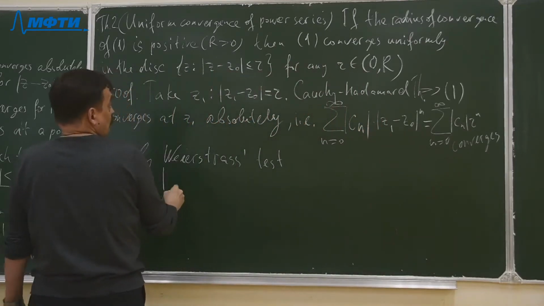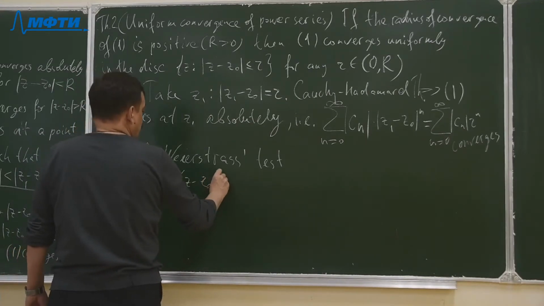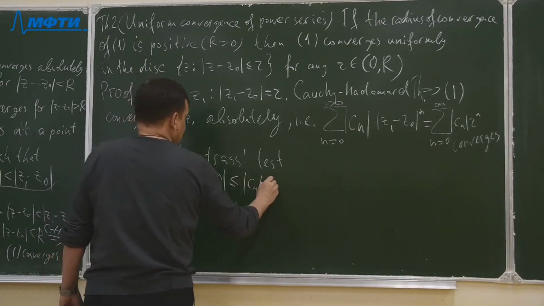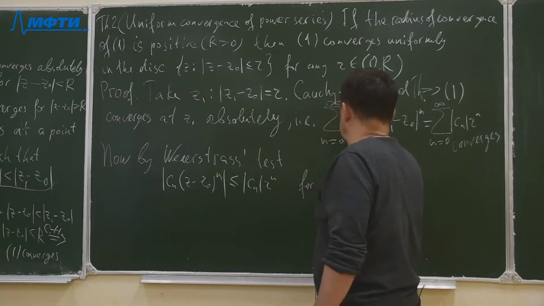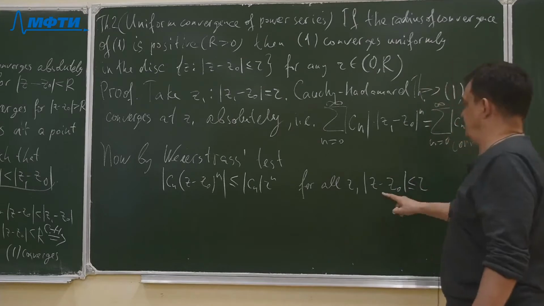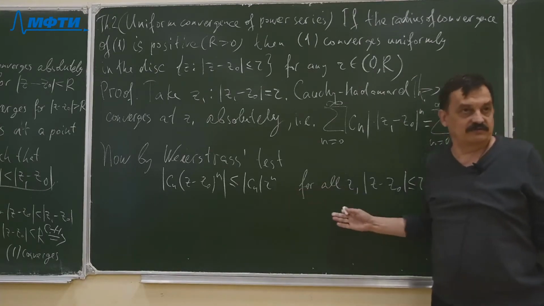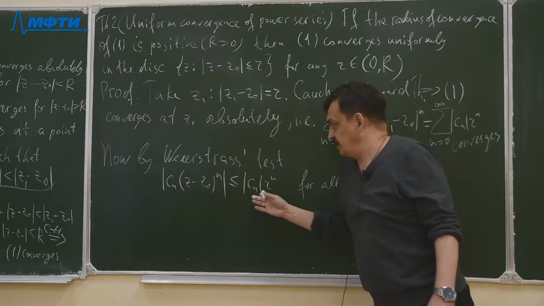So, modulus of cn times (z minus z0) to the power n is less or equal modulus of cn times r to the power n for all z which satisfy this inequality, right? That is immediate, just a reformulation. Modulus of z minus z0 less or equal little r, so we have this inequality.